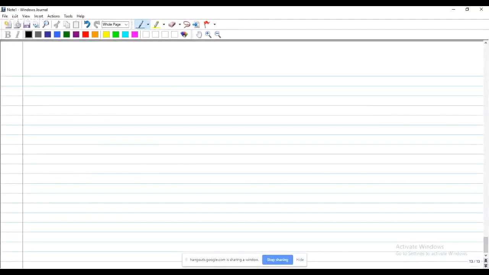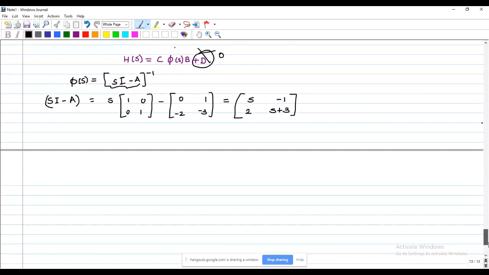So we need to calculate phi of S, which is the inverse of this. The inverse of SI minus A is equal to 1 over adjoint of SI minus A. Sorry, I'm extremely sorry.